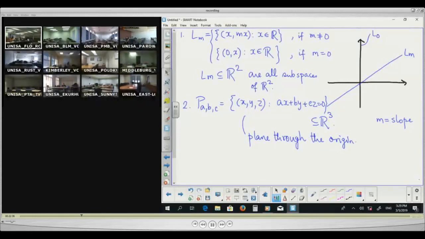This is the equation of a plane in 3 dimensions, so these are also subspaces, as you can see now. These are not all. There are many others which are also subspaces of R3.